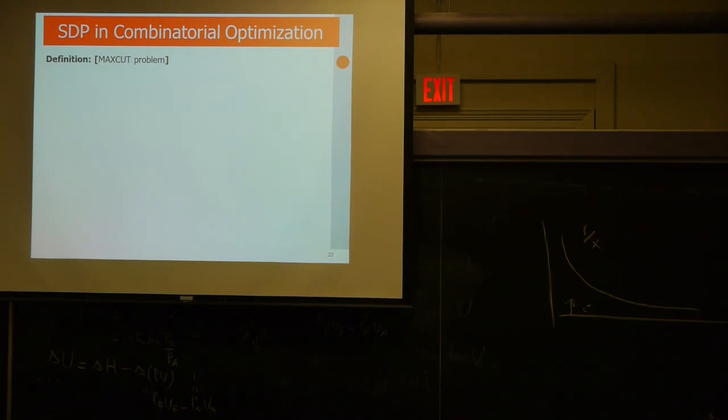where we have a graph G which is undirected.